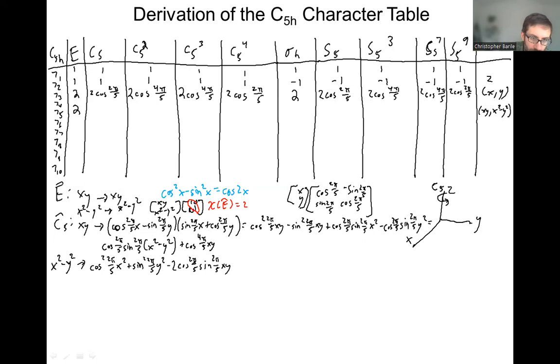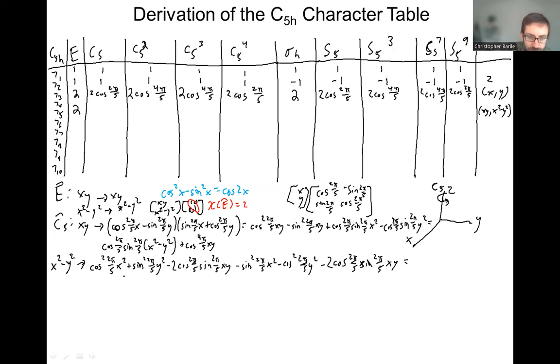And so remembering that we always are going to have minus signs here, we're going to have minus sine squared 2 pi over 5 x squared minus cosine squared 2 pi over 5 y squared. And then we have, again, 2 of the similar cross terms, cosine 2 pi over 5 sine 2 pi over 5 times xy.